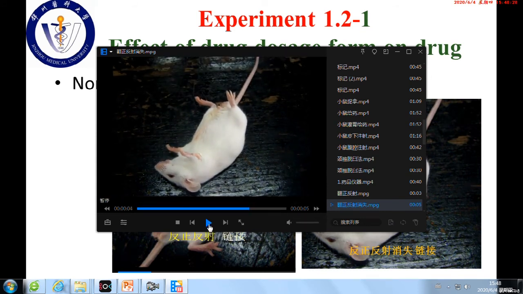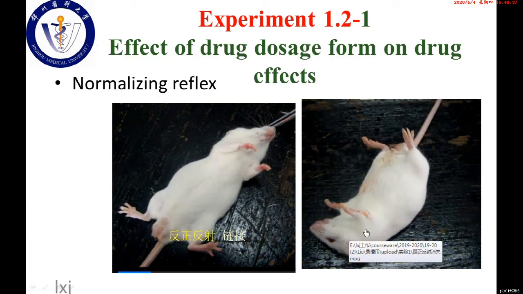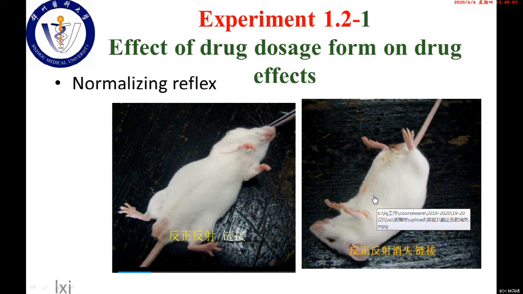If you put its limbs upward, it just lies on the ground and loses this ability. Once the drug takes effect to induce anesthesia, this mouse loses the ability to recover its normal body posture. So this normalizing reflex disappears.